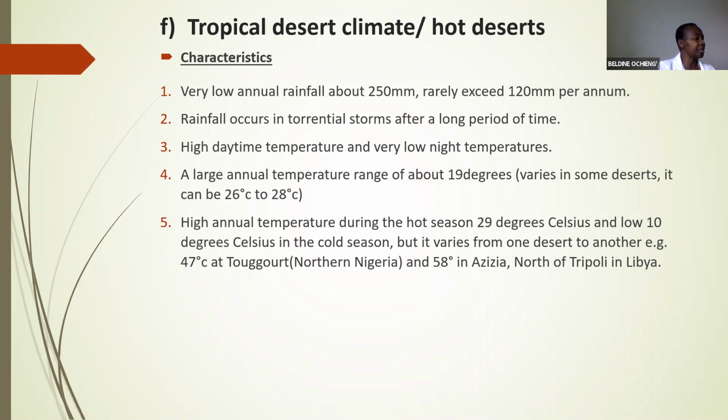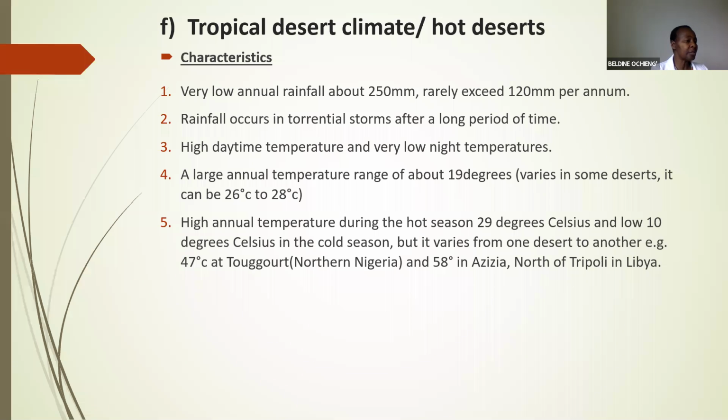High annual temperature during the hot season, 29 degrees Celsius, and low 10 degrees Celsius in the cold season. But it varies from one desert to another. E.g., 47 degrees at Tongot, that is northern Nigeria, and 58 degrees in Azizia, north of Tripoli in Libya.